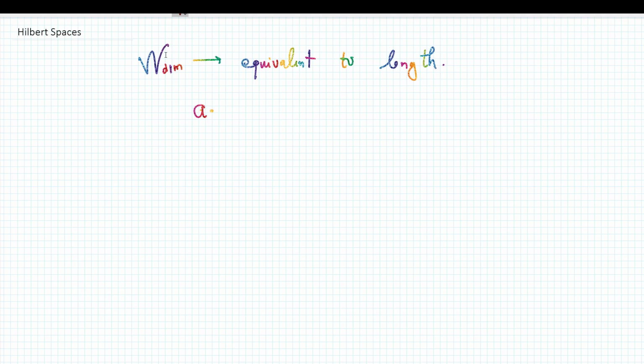if I have a vector space and I can do this operation and I can define my norm in terms of this inner product, then this would give a very good structure to my space.